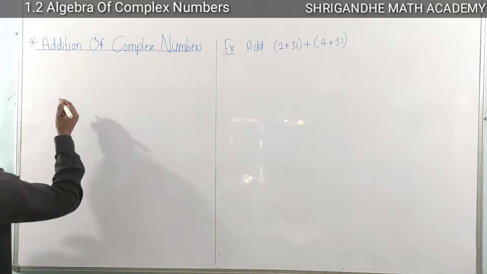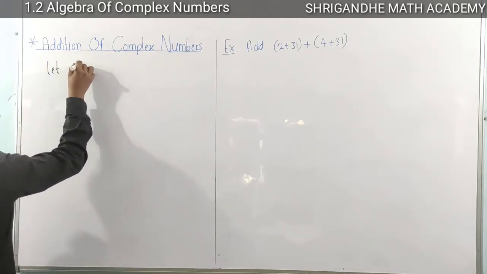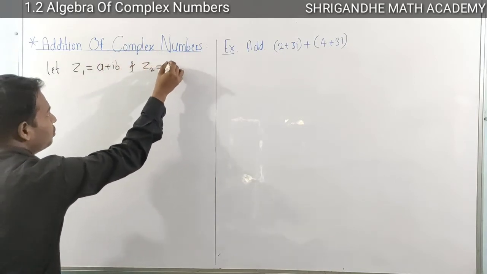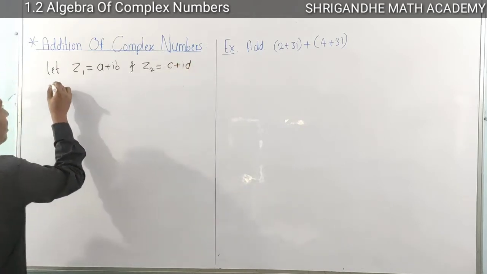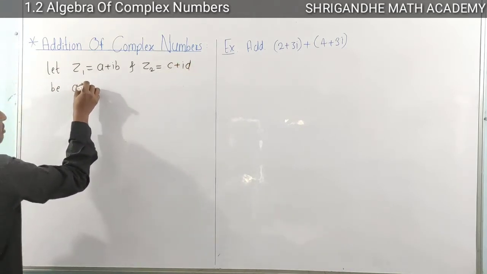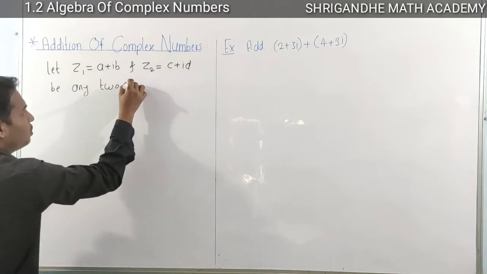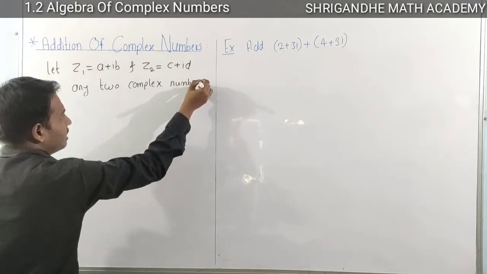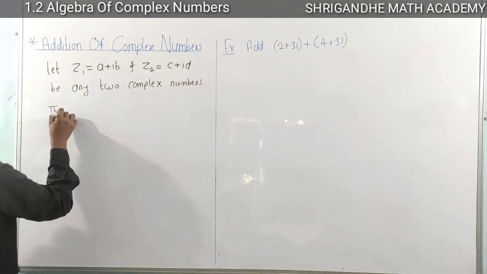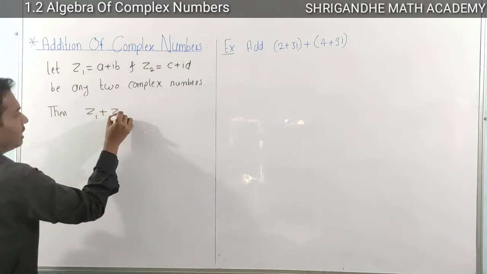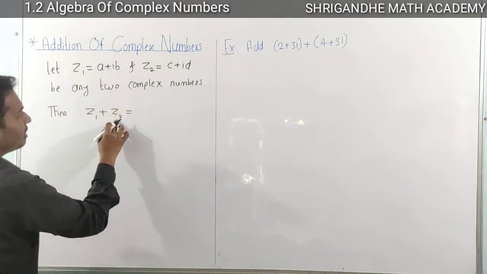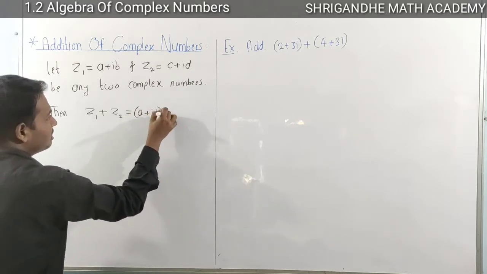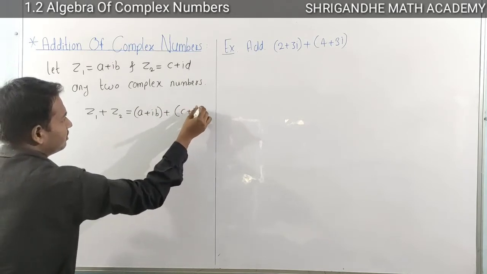Okay, let me take two complex numbers. Let Z1 equal to a plus ib and Z2 equal to c plus id be any two complex numbers, then Z1 plus Z2 is equal to a plus ib plus c plus id.